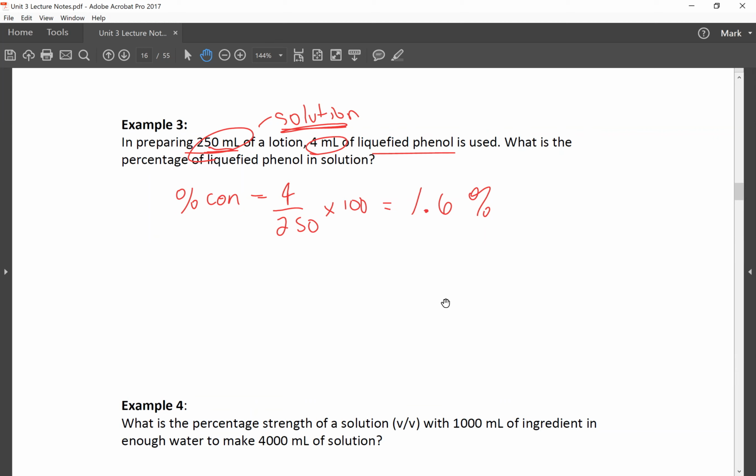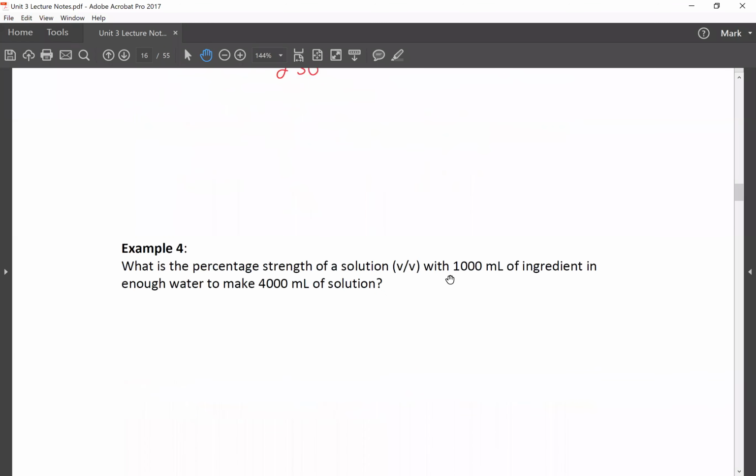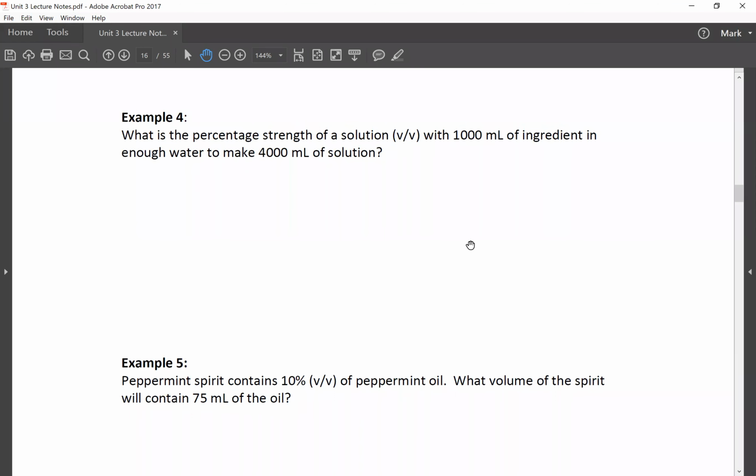If this question said, to make this solution, we took 250 milliliters of a lotion and then mixed it with an extra 4 milliliters of the phenol, yes, you would add them together. But the 250 is our total solution. I hope that makes sense because I can see where some people added.